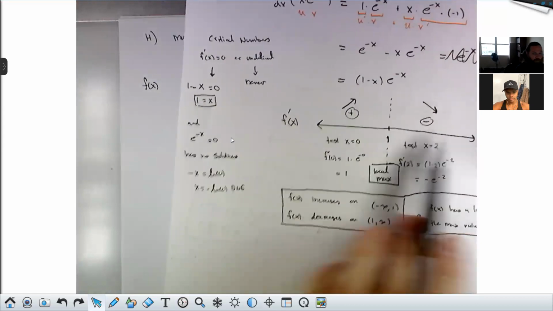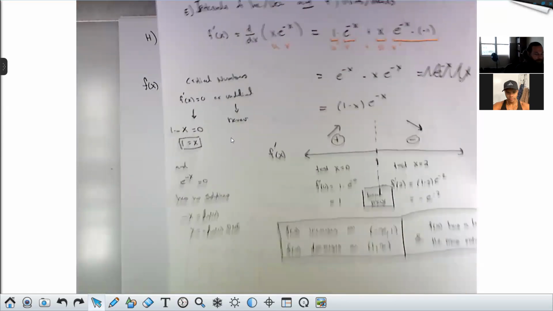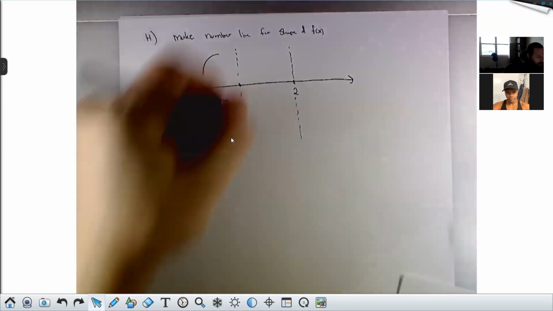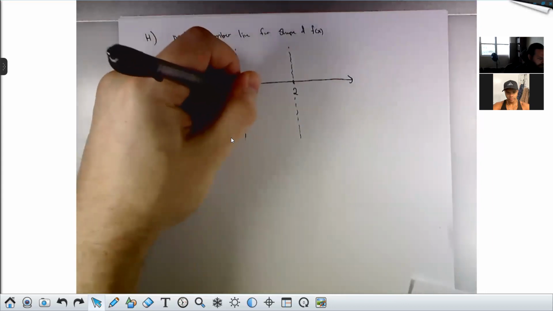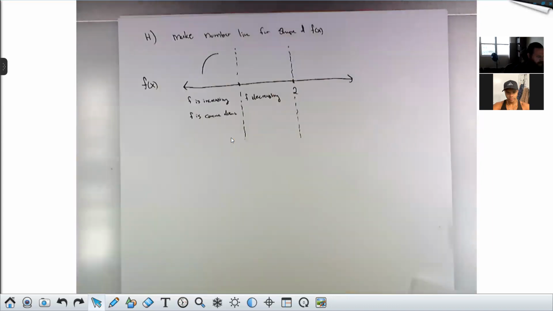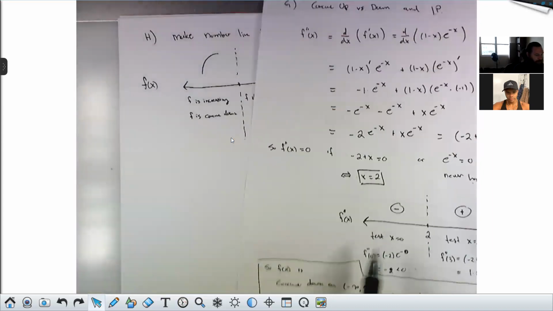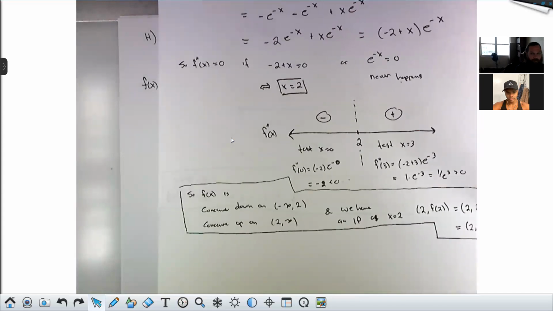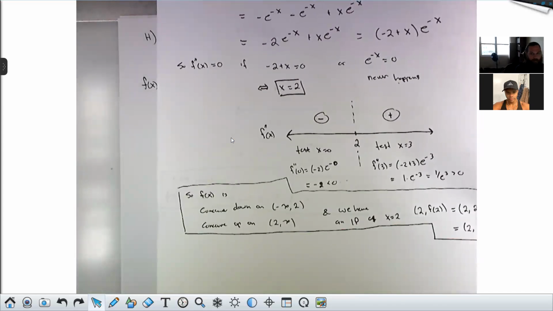But at 1, I switch from increasing to decreasing. So from 1 to 2, F is decreasing. But we're still concave down. All right, F double prime is negative.